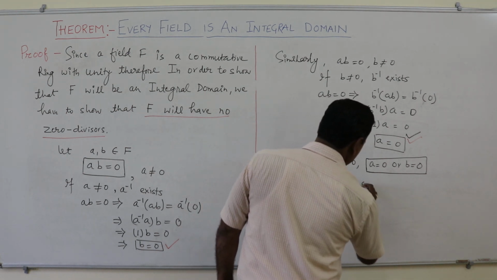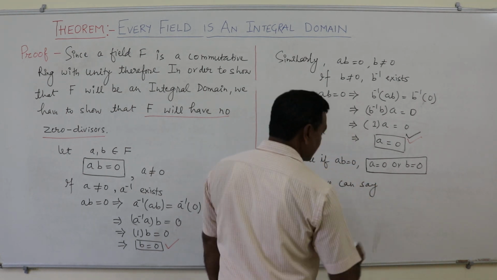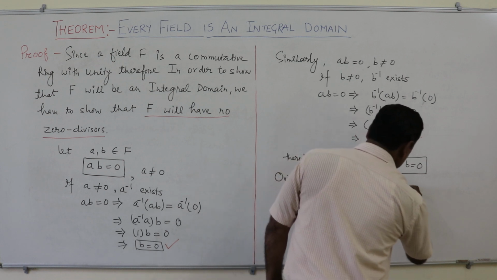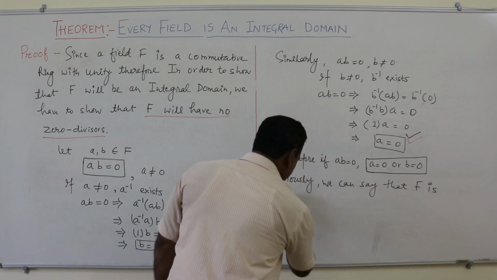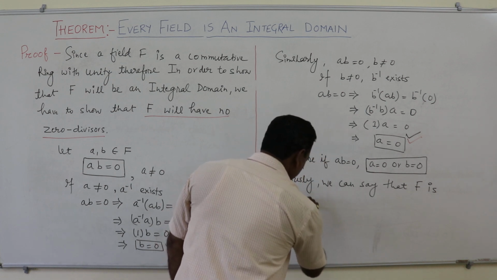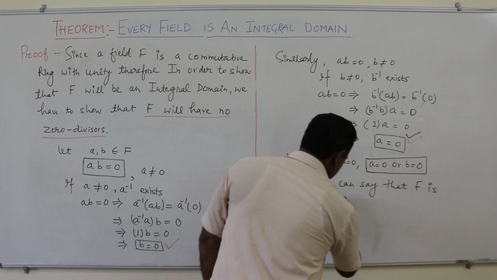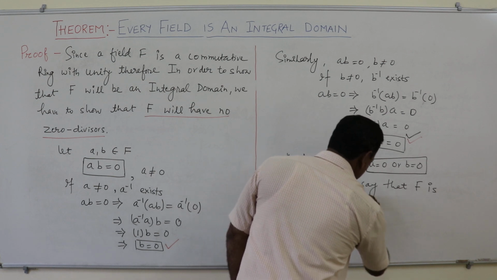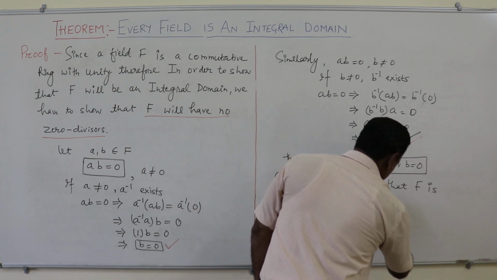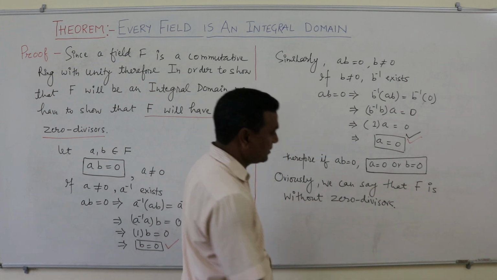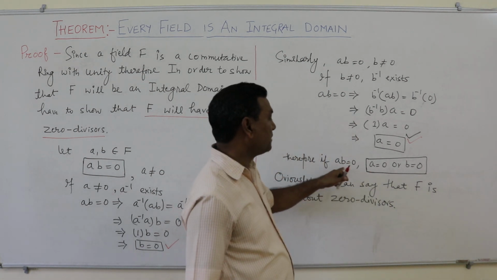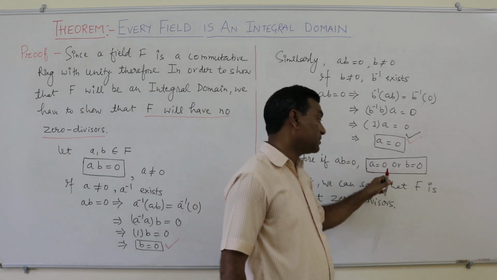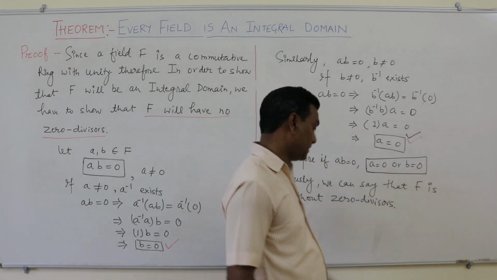Therefore, obviously we can say that F is without zero divisors, because we have proven that if AB equals 0, then either A will be equal to 0 or B will be equal to 0.